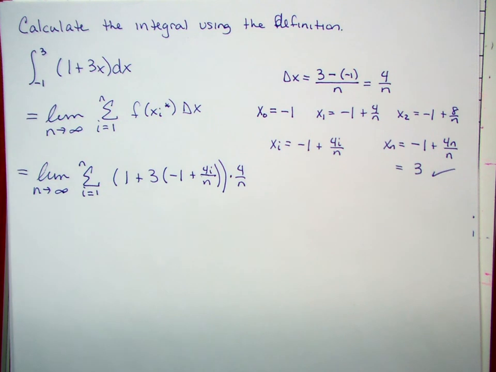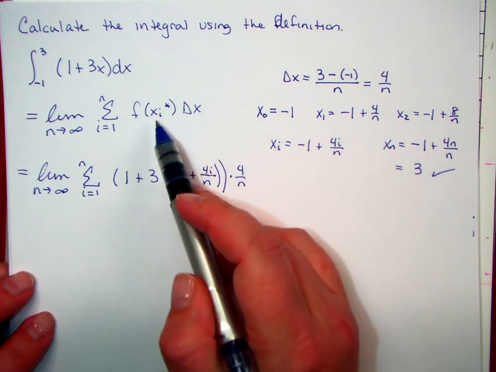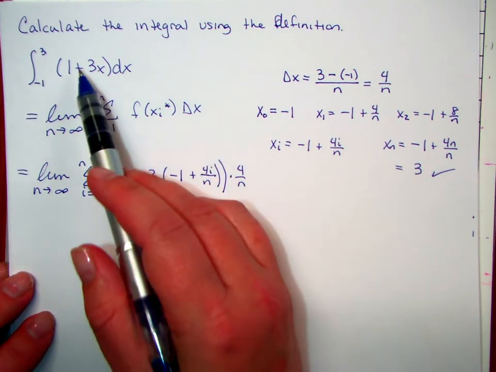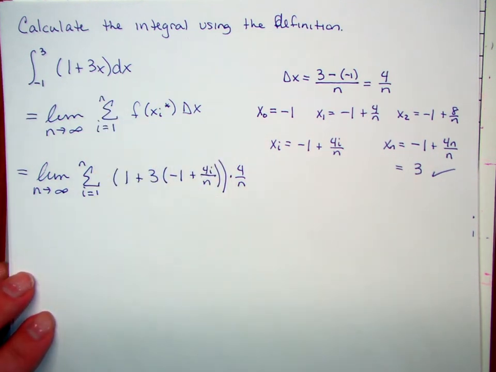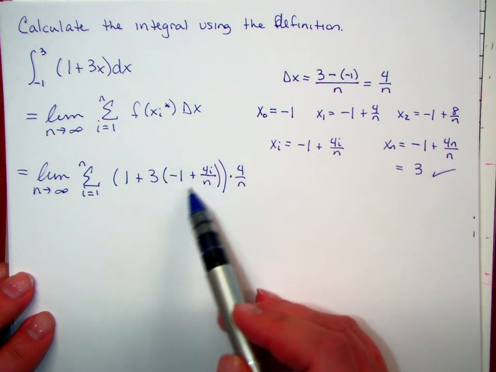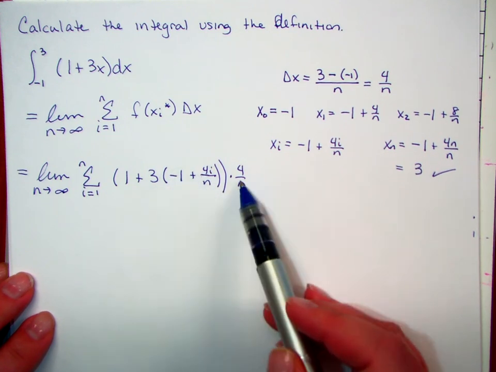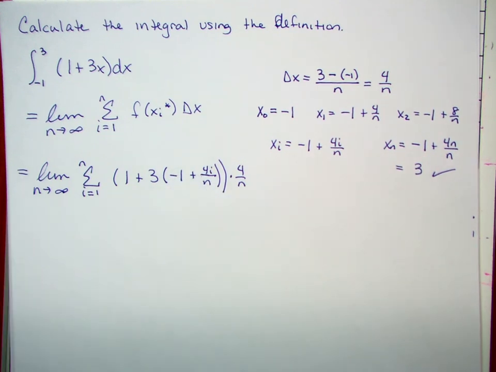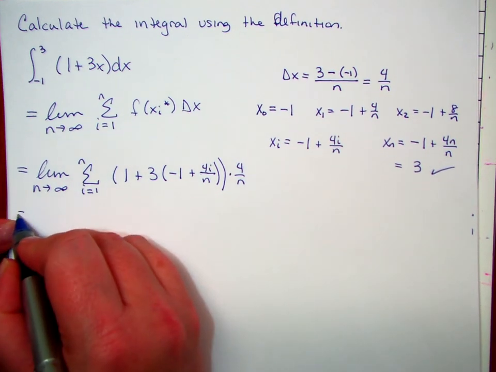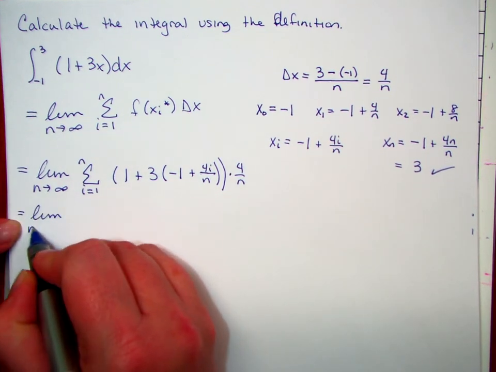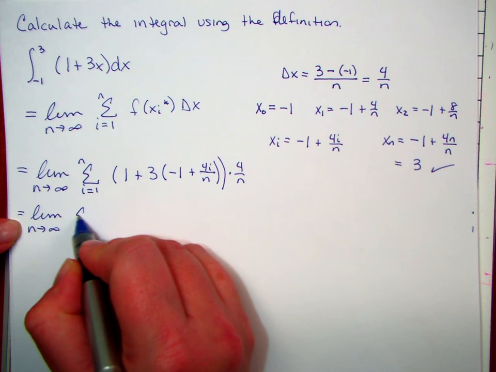So I kind of skipped that intermediate replacing x of I and delta x and just kind of putting it into the function there, right? So here's my function evaluated at x of I times delta x. So now I like to multiply all this out, okay? Just to help the sums go a little bit easier.